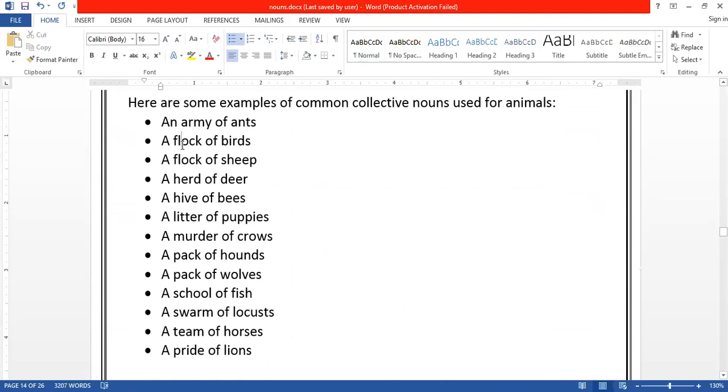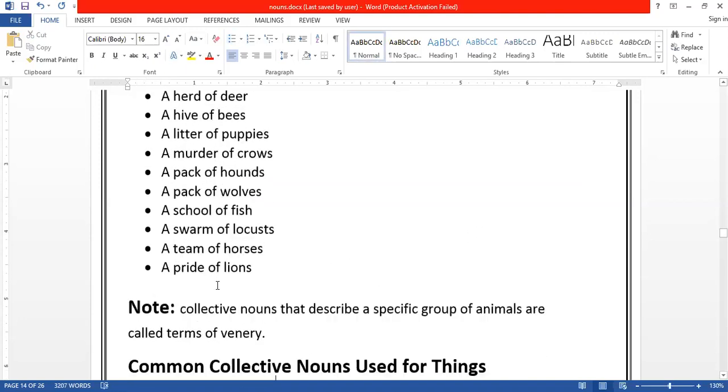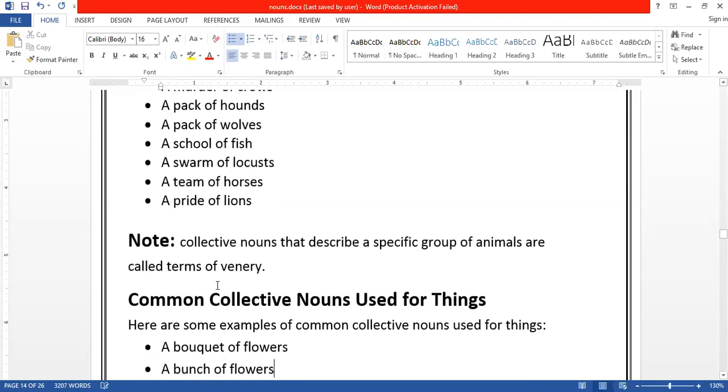For birds, we say flock of birds, clear? Or sheep, a herd of deer, clear? So all these collective nouns are used for animals. You can note it down if you need it, clear? You may have it in your exams, etc. So all the complete information about what sort of collective noun is used for animals has been provided to you here.